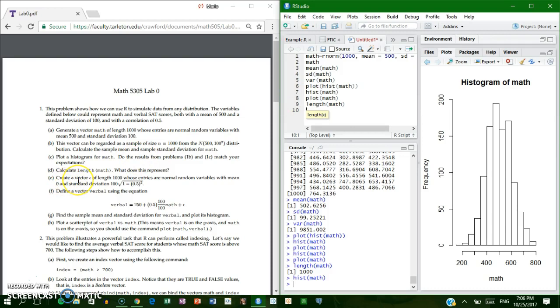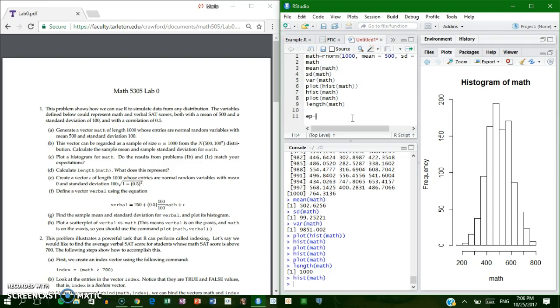Now in part E, it says to create a vector epsilon of length 1000 whose entries are normal. We're going to do the same thing. Let's call it EP for epsilon.